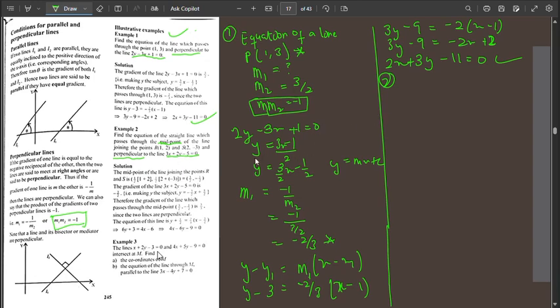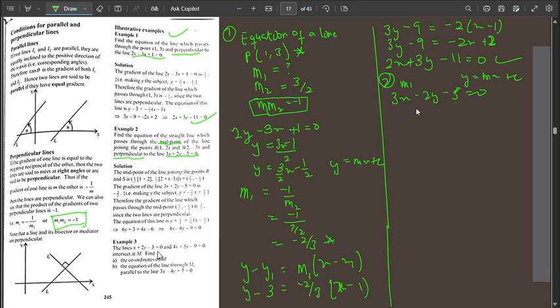So let me find the gradient of this line, m1, right? So gradient of this line is m1. So m1 will be, 3x minus 2y minus 5 is equal to 0. I will express it in the form y is equal to mx plus c.